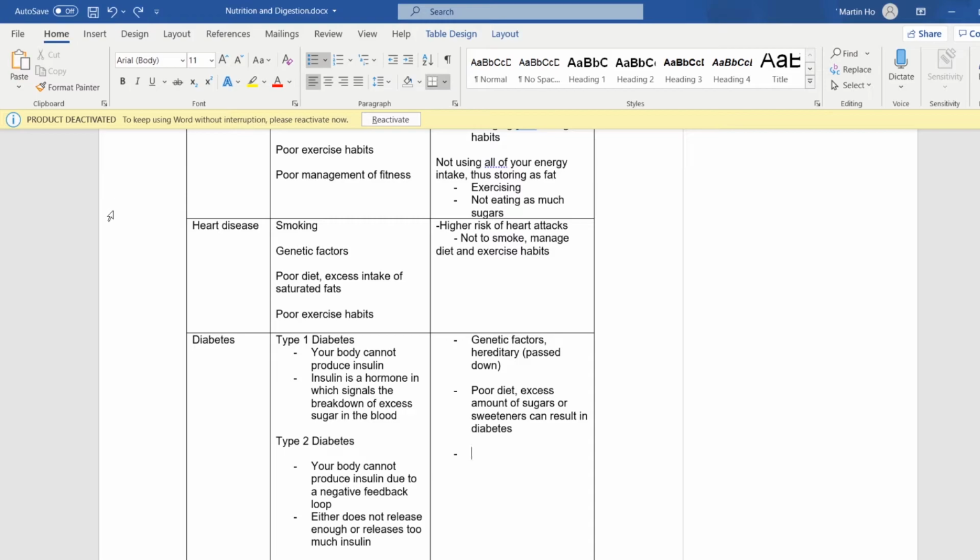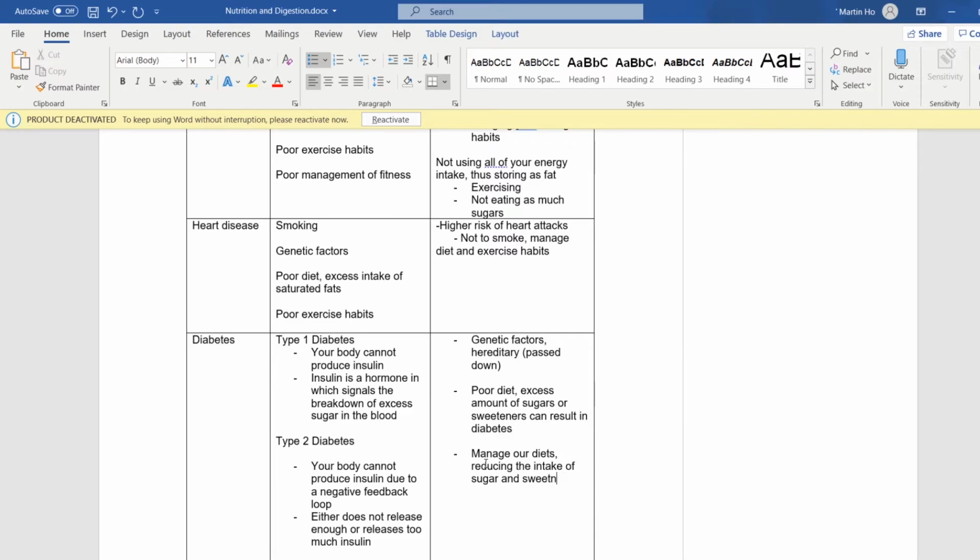In a similar case, if we overwork our heart due to poor diet and lack of exercise, chances are we will also have a higher risk of heart disease. So, with diabetes, we can manage our diet, reducing the intake of sugar and sweeteners.